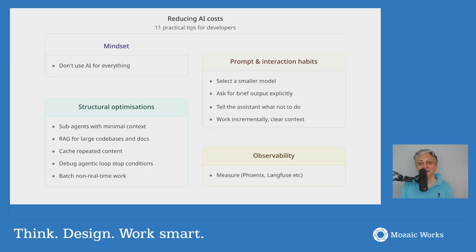Another thing here is debug agentic loop stop conditions. So if you're doing an agentic workflow, pay attention to when that workflow needs to stop. You don't want to hit the limits with those. You don't want the agents to go into an infinite cycle and consume all your tokens or hit the token limits.